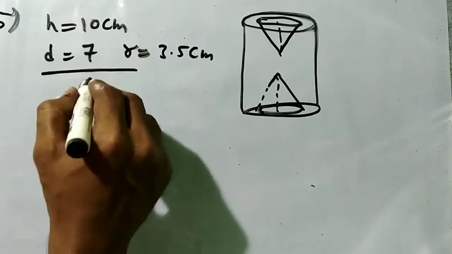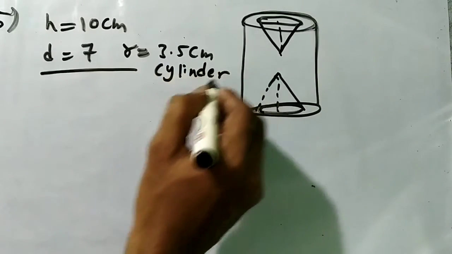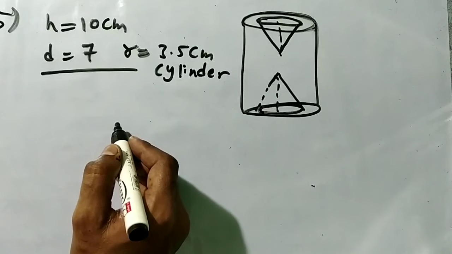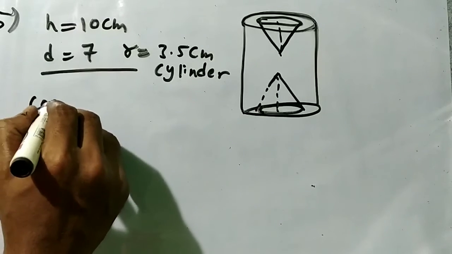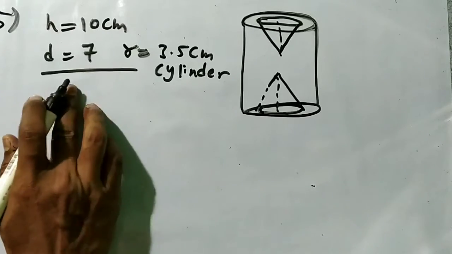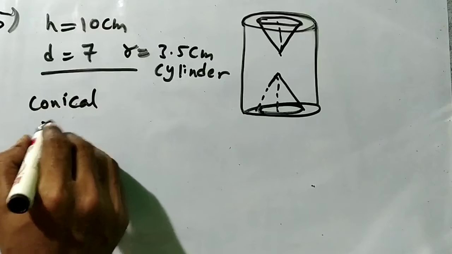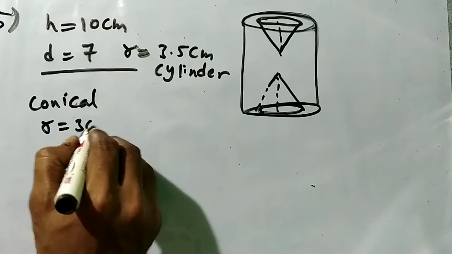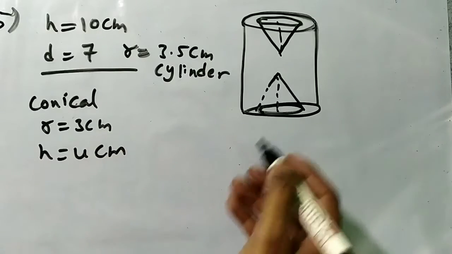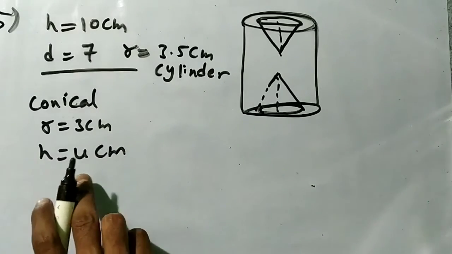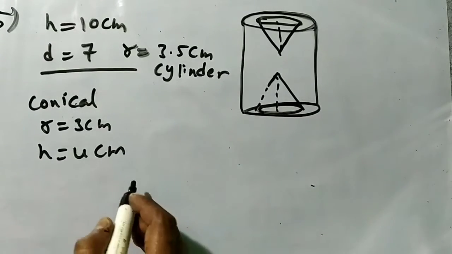This is related to the cylinder. Now we are going to the conical holes. The radius is 3 centimeters. Let's take the cone, that is the conical holes. R is equal to 3 centimeters and H is equal to 4 centimeters. First of all, we have to find the conical volume.